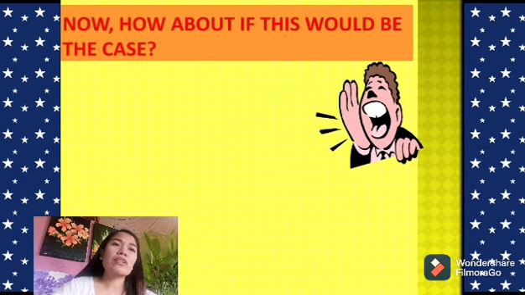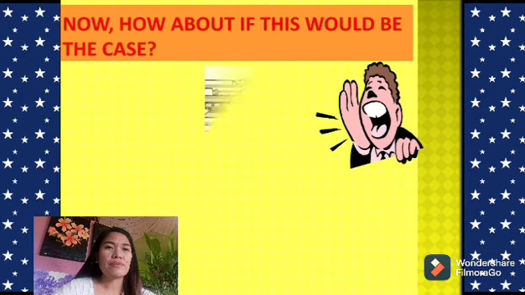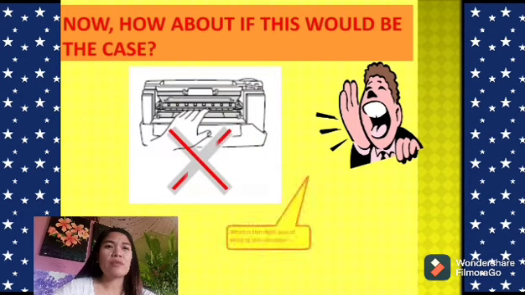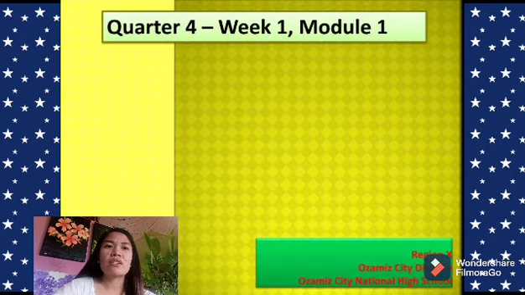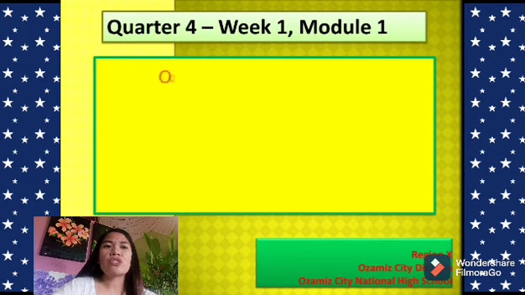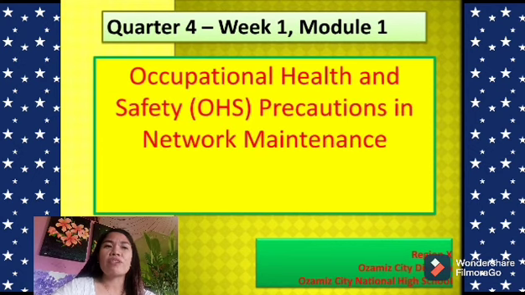Now, how about if this would be the case? Take a look at the picture. What is the right way of dealing with this situation? Before we answer that certain question, let me discuss first the occupational health and safety precautions in network maintenance.